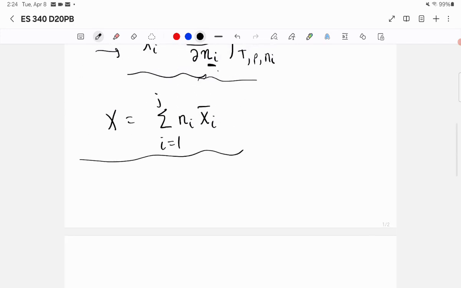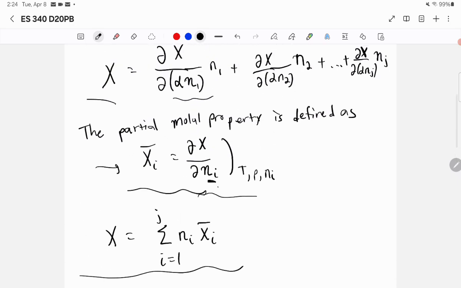Okay, and if I want to actually evaluate these quantities, then I can do them in terms of limits. So we already said that x_i is equal to dx/dn_i, with T, P, and n_L all held constant. This is not n_i, so this is holding all of the other, did I write that wrong here too?